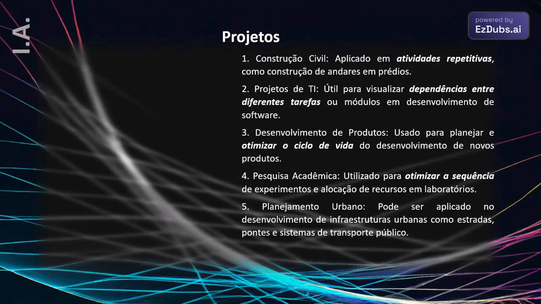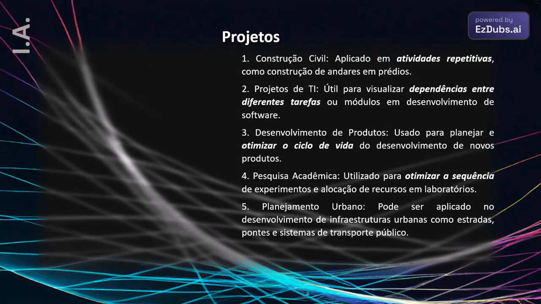Projects. 1. Civil construction, applied to repetitive activities, such as construction of floors in buildings. 2. IT projects, useful for visualizing dependencies between different tasks or modules in software development. 3. Development.